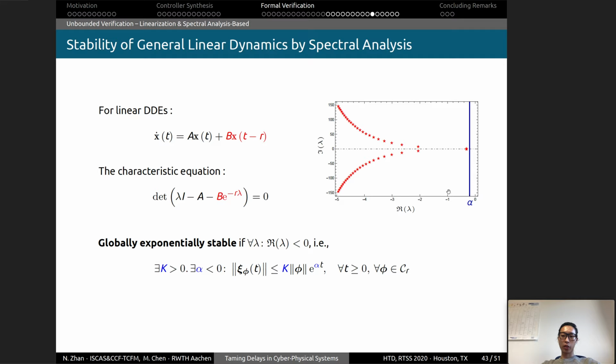And alpha here, as you can see in the picture, is a negative constant. So a negative exponent gives an exponentially decreasing bound on the solution, right? And this holds for every possible initial condition, in this case an initial function.